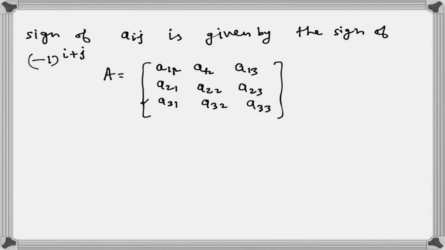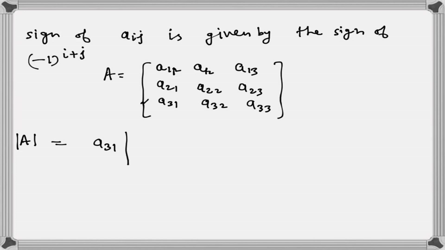Suppose instead of the first row I take the third row. Then I can write the determinant of A is equal to the first element of the third row, a31, and the sign will be positive because 3 plus 1 is 4, and minus 1 to the power 4 is 1, so plus sign.